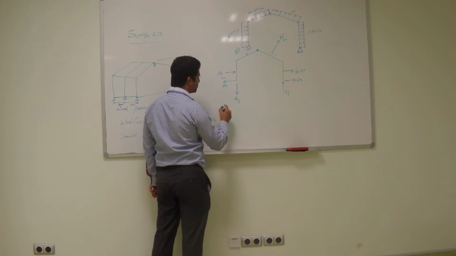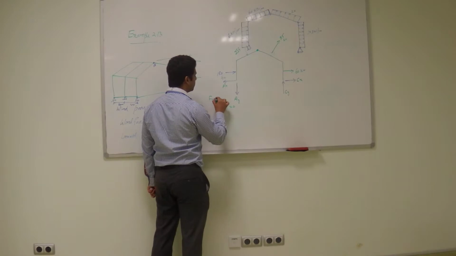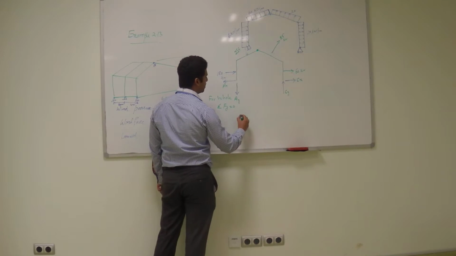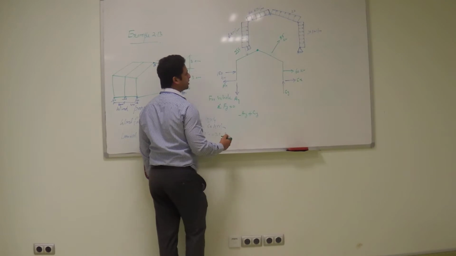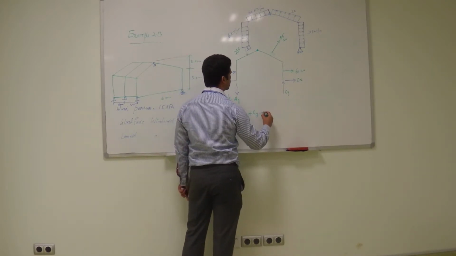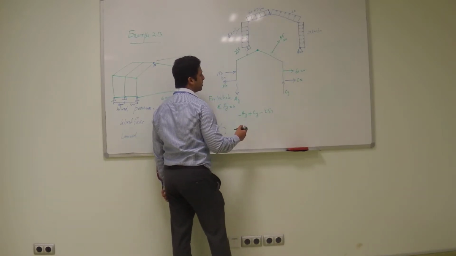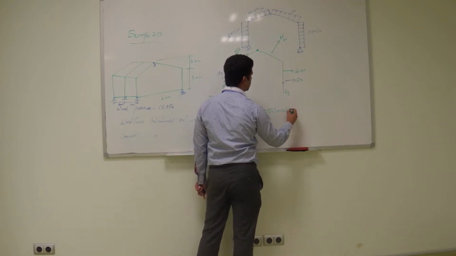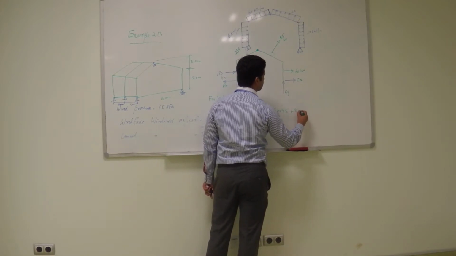Sigma Fy for the whole structure, for the whole frame: minus AY plus CY minus 254 sine 45 plus 85 sine 45 is equal to 0.